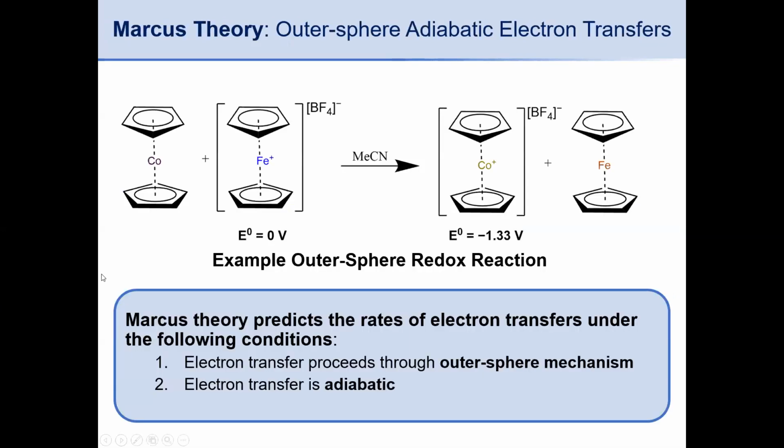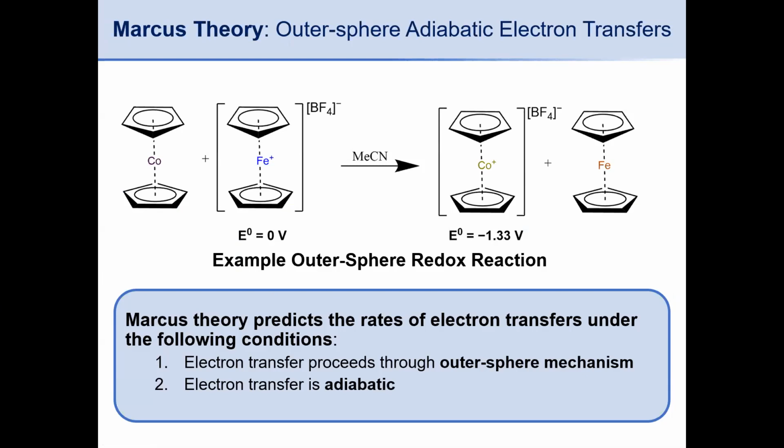Okay, so Marcus theory was essentially developed to describe the kinetics of outer sphere electron transfer mechanisms. Shown above here in this reaction is an example of what an outer sphere electron transfer would look like.